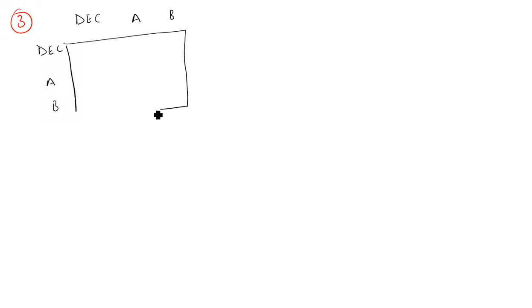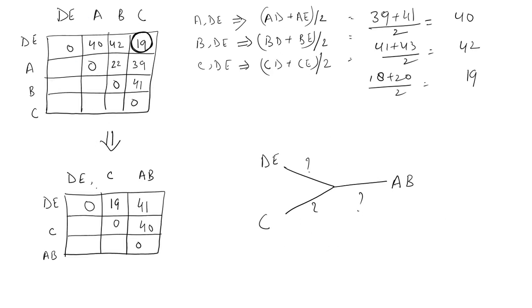Now again we are going to converge this matrix, which means we are going to make the third matrix. DEC becomes a common node, and A and B are the two other nodes. So DEC, A and B. In the matrix the AB value is given; you can clearly see here that AB value is available, that is 22.